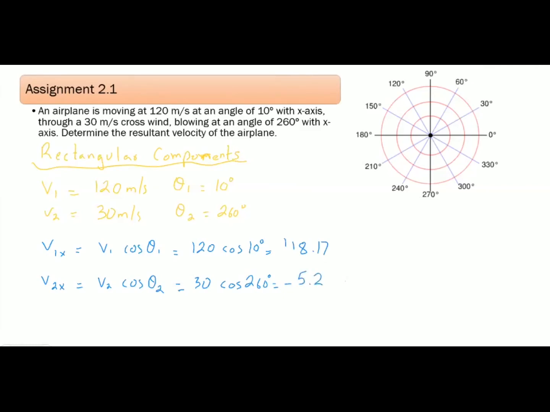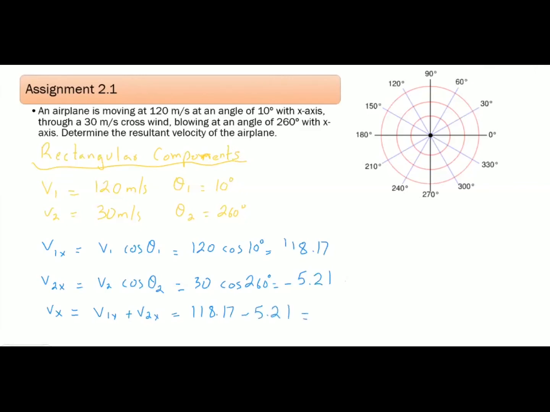So 30 cos of 260 degrees is equal to minus 5.21. From this, the Vx component will be equal to V1x plus V2x, while V1x is 118.17 and V2x is minus 5.21.